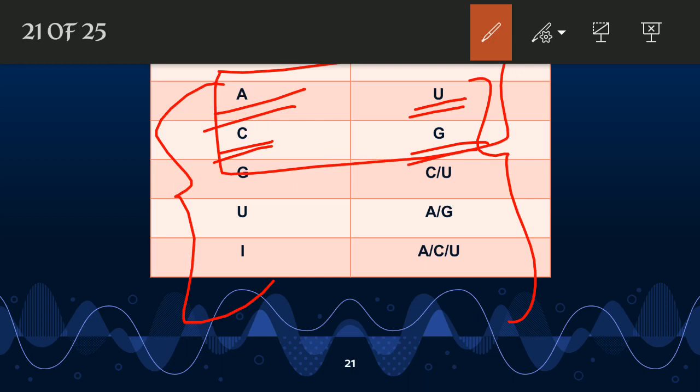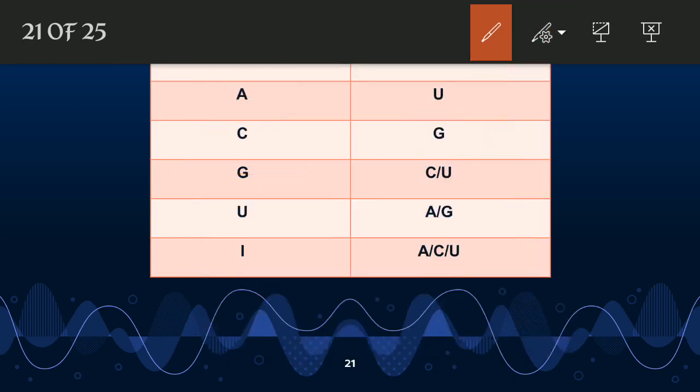But here we have G, guanosine, and that pairs with C based on the common base pairing rule, but this G can also pair with uracil U, though not as well as it pairs with C, but it definitely can still pair with uracil.